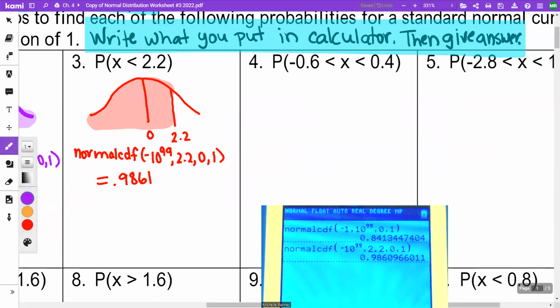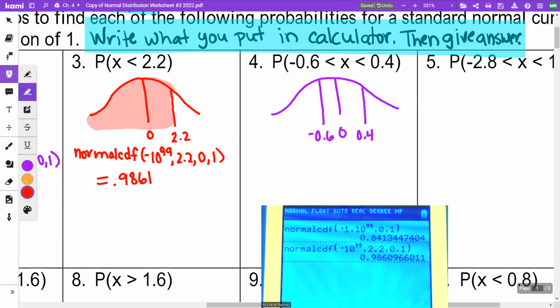On number 4, okay, 0. And again, I want a -0.6 to a positive 0.4. And I obviously didn't space that well. So I want this little section right here.